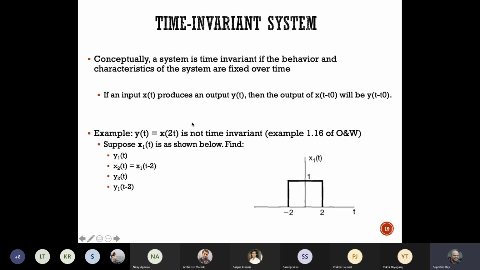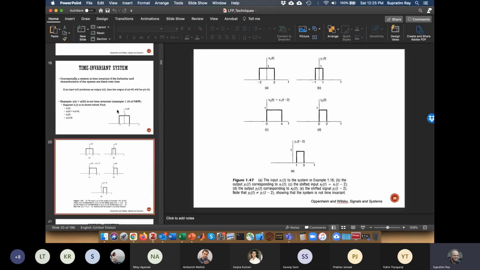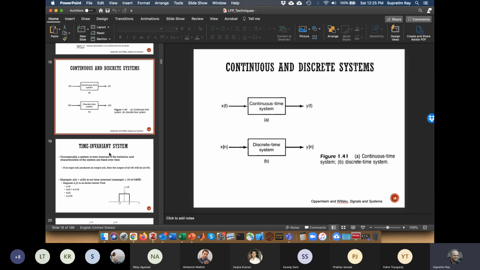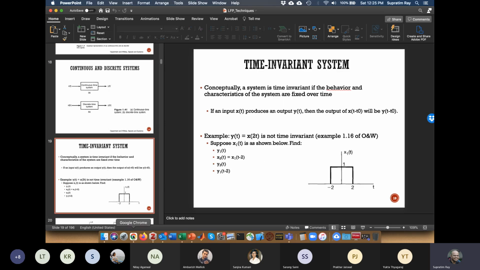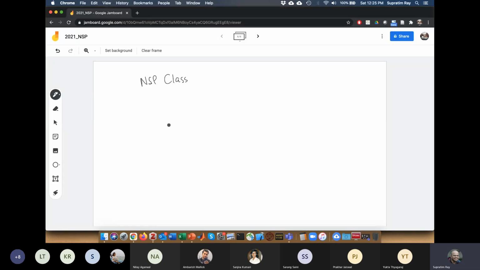I will just come here and actually use a Jamboard here. So who can tell me what x of t is going to look like? This is x of t, from -2 to 2. y of t is x of 2t. So how does it look?